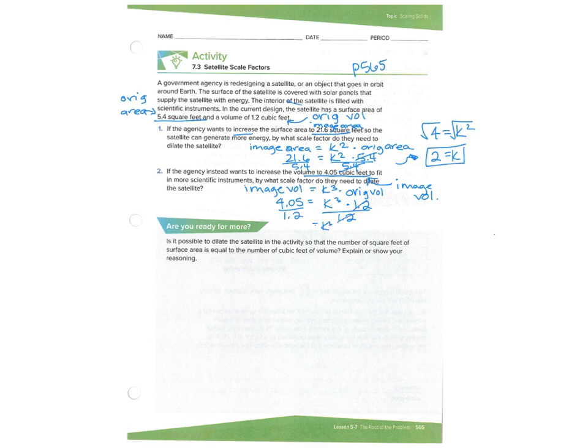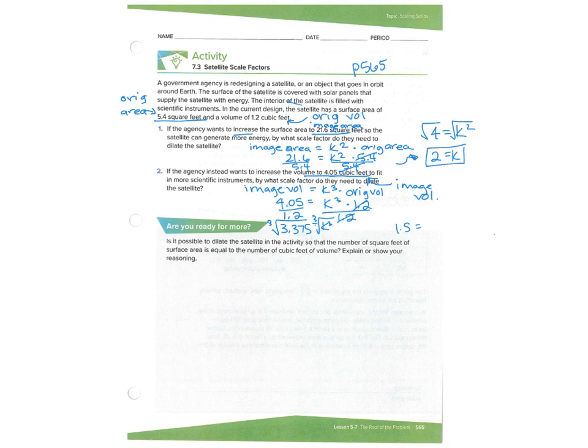On my left side, when I do my division, I get 3.375. So next, I need to solve for k. That means I need to cancel the k being cubed. I need to undo that. So I'm going to take the cube root of both sides in order to do that. On my calculator, when I do the cube root of 3.375, I get 1.5.